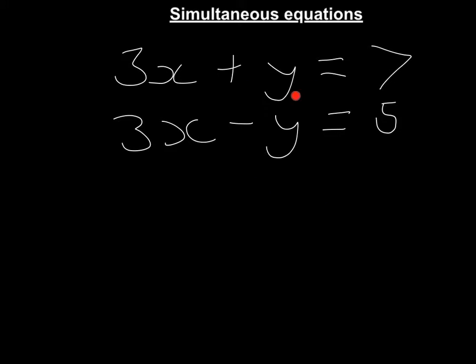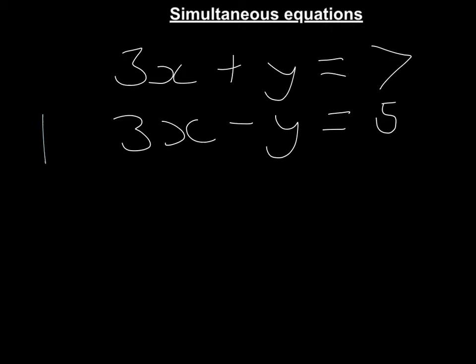So if we did y and we added a minus y, an add and a minus together are the same as a take away, so that would effectively become y take away y, which would also be equal to 0. So really, it doesn't matter which one you choose, but you need to make sure that it's going to become equal to 0. Now, I'm going to use these y's, which means that I'm going to have to add together, remember?